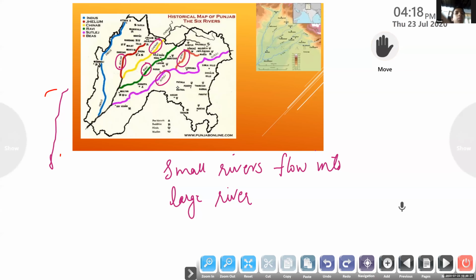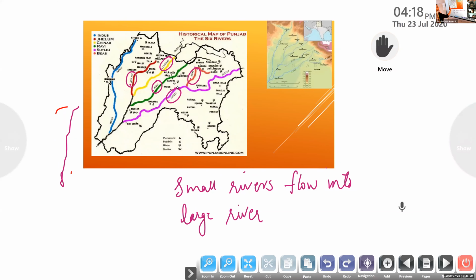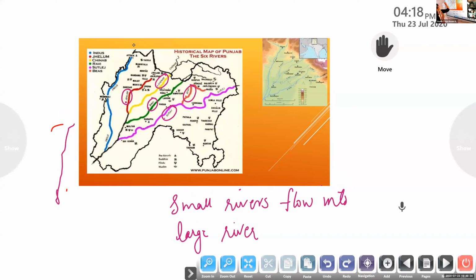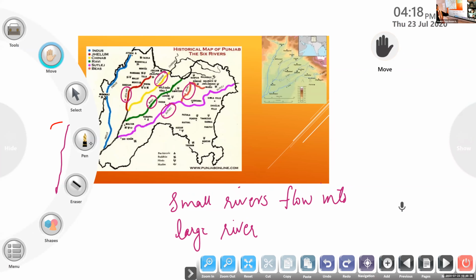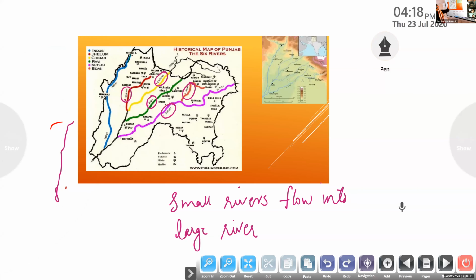On the board, you can see the Punjab plains. Here you can see the river Indus, and its tributaries, the small rivers: Jhelum, Chenab, Ravi, Satluj and Beas. All these join with the river Indus.